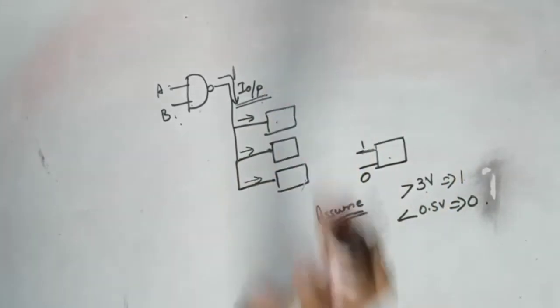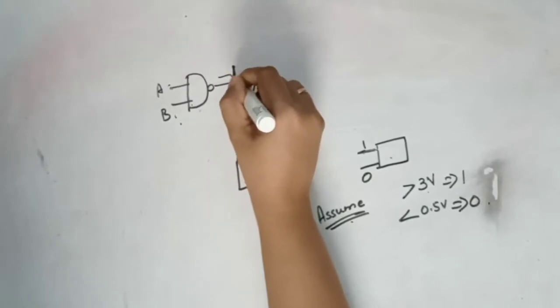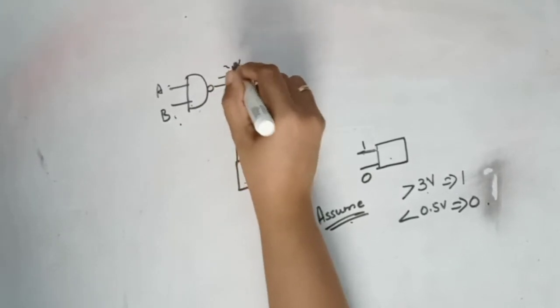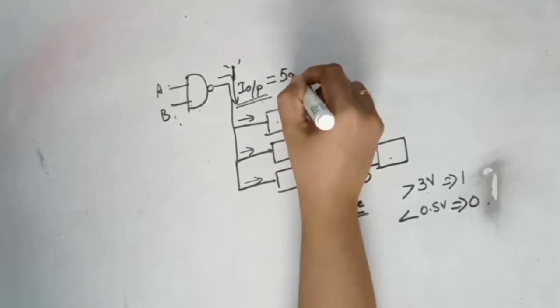Suppose I am taking just an example. This is logic 1, and suppose this is say 5 milliampere.